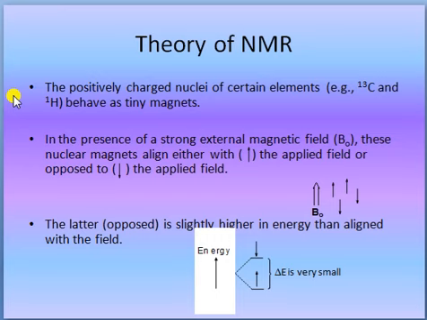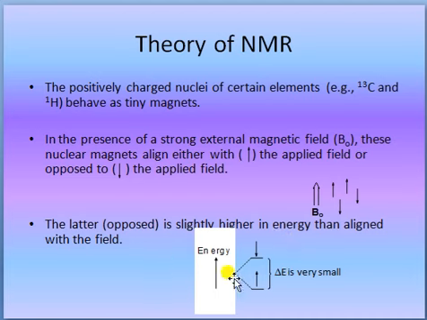And if you go opposite to the stream, that is the opposite direction. So it is either aligned with the field or opposite to the field. The latter is slightly higher in energy: if it opposes B0, this tiny magnet will need a little bit higher energy.